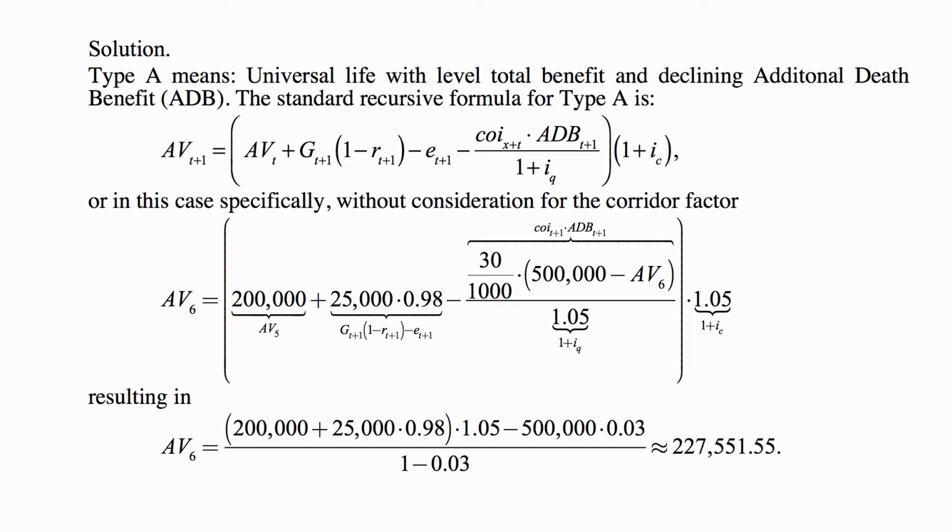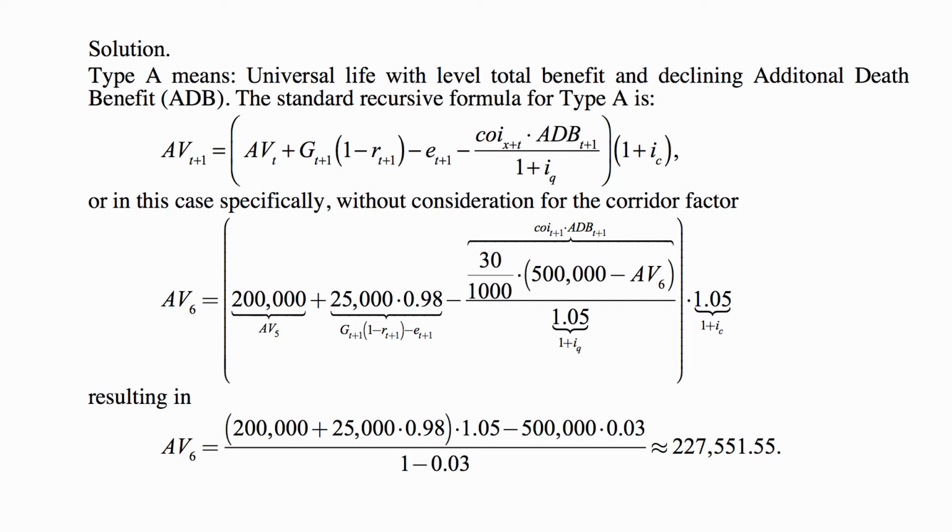And in this case, without consideration for the corridor factor, now recall the corridor factor is this adjustment that may be necessary if the account value is so large that there is hardly any life insurance risk, and the tax laws require that if it's a life insurance policy, then the company offering it has to take some life insurance risk in it.